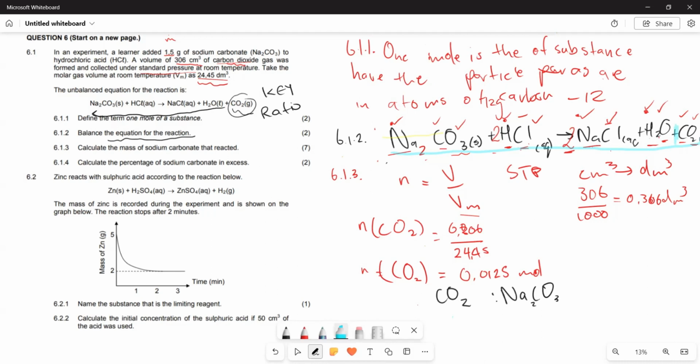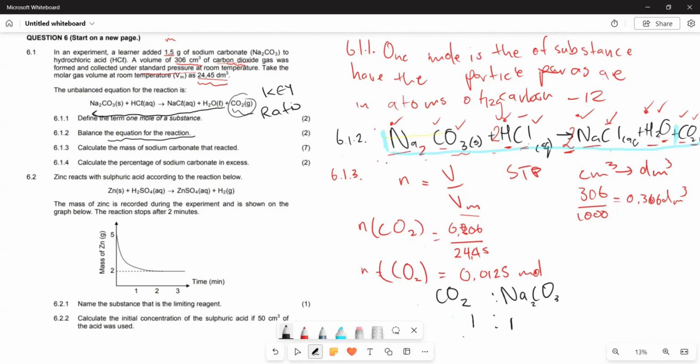The ratio of your carbon dioxide is 1, while the ratio of your sodium carbonate is 1. So if the ratio is 1 to 1, what does this mean? This basically means that when you calculate the moles, the mole of your carbon dioxide is going to be the same as your mole of sodium carbonate.